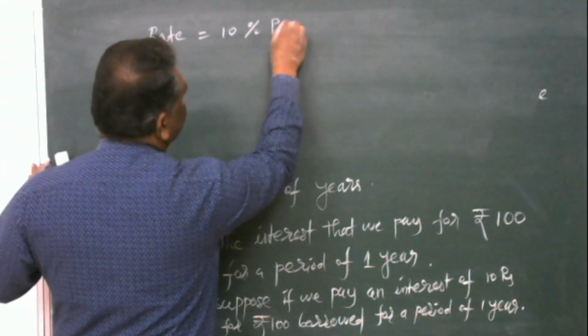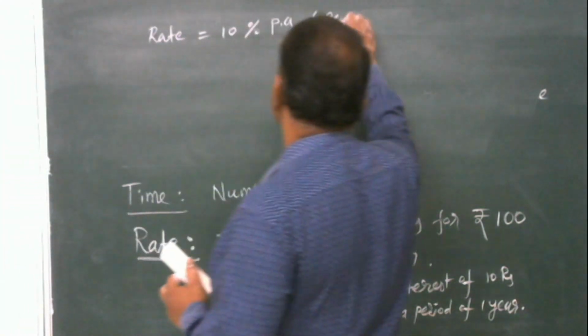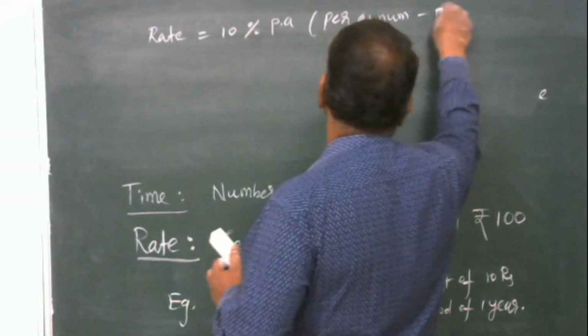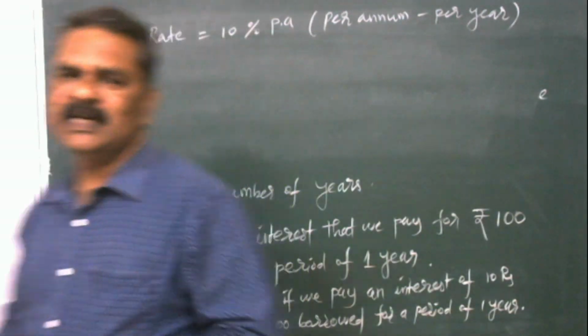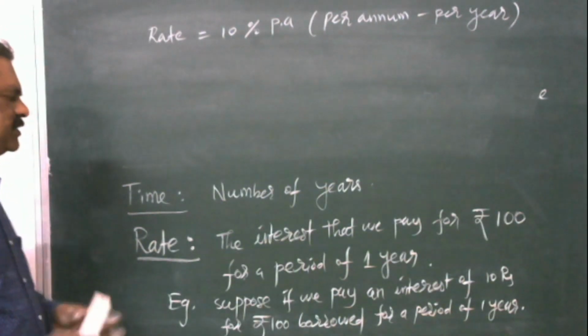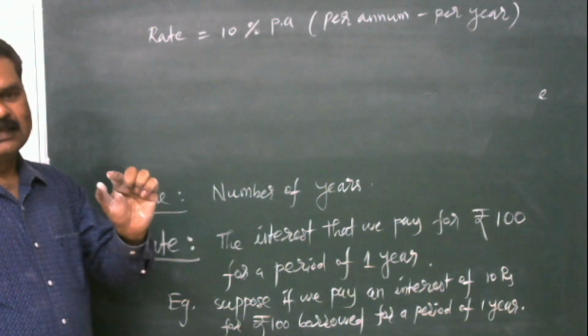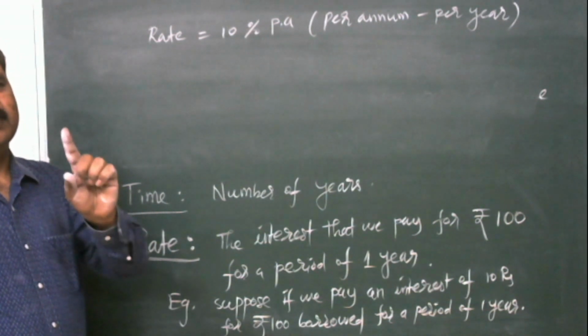Per year, we say PA, per annum. Per annum means per year. So generally rate is given in terms of percentage. Rate is nothing but the interest that we pay for a fixed sum of 100 rupees for a period of 1 year.